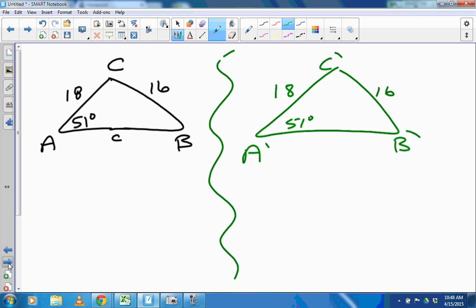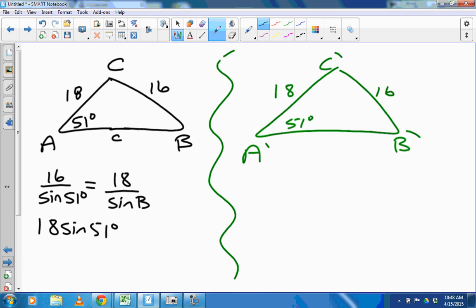So yeah, I could find angle B first, couldn't I? 16 over sine 51, and we're going to have to store a lot of stuff on this question, over sine B. Okay, so cross multiply. We get 18 times sine 51 equals 16 times sine B. Now what?